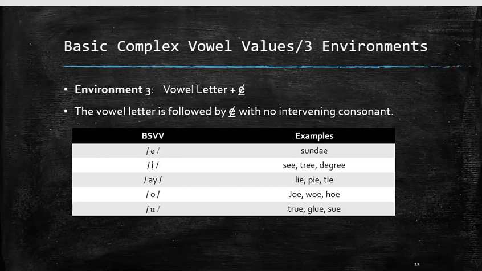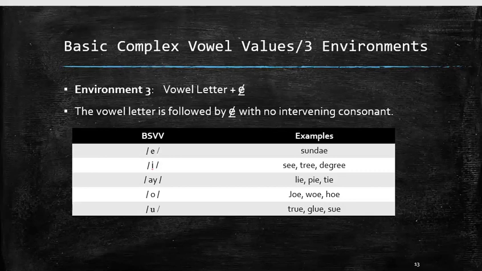Least common when you have the vowel phoneme A, as in the word Sunday. Notice the letter A is representative of that sound. It's accompanied by a silent E. It's more common in the other vowel phonemes that we have here. E, A, O, U.